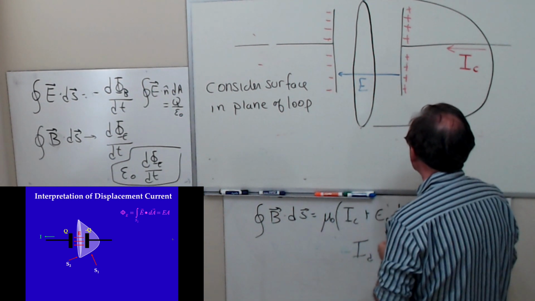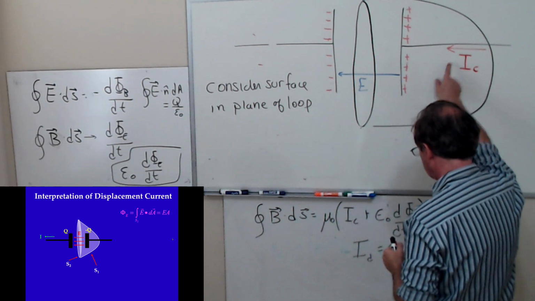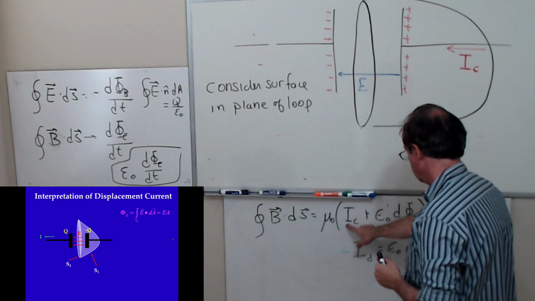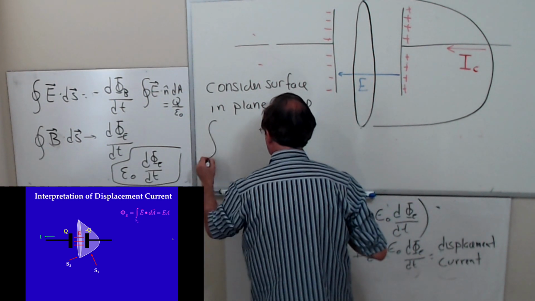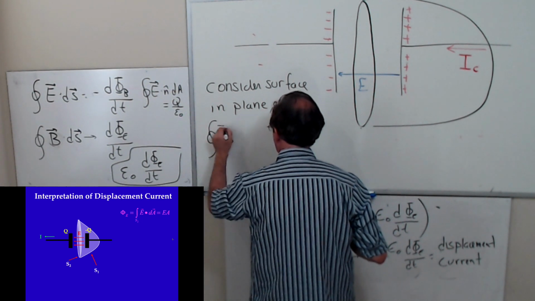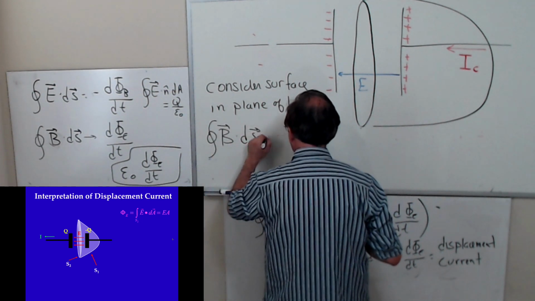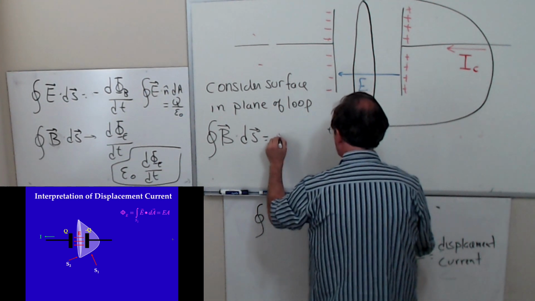There is no I sub C, so this is 0. So I have the integral of B dot dS, and this term is 0.